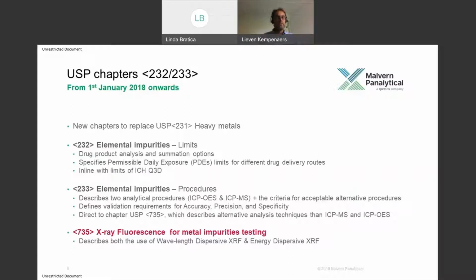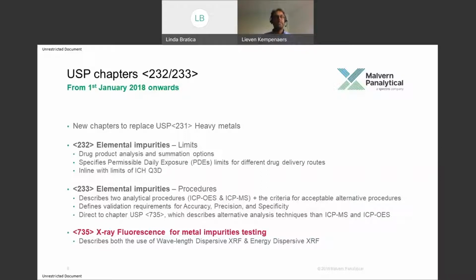Then there's also a new chapter in the Pharmacopoeia, which is chapter number 735. And that one is specifically on XRF spectroscopy: what it can do, what are the advantages, what are the limitations, and also specifically for the metal impurities testing.